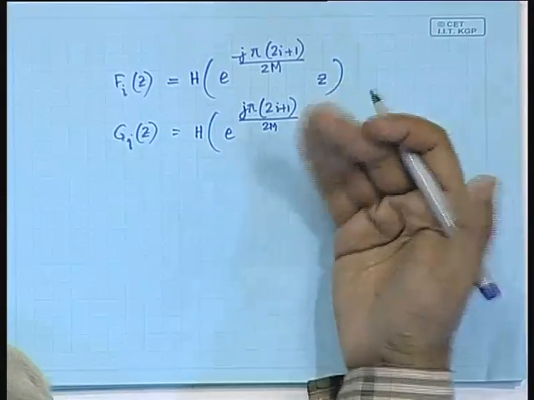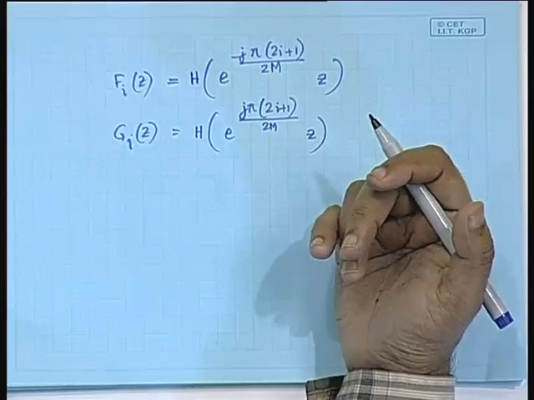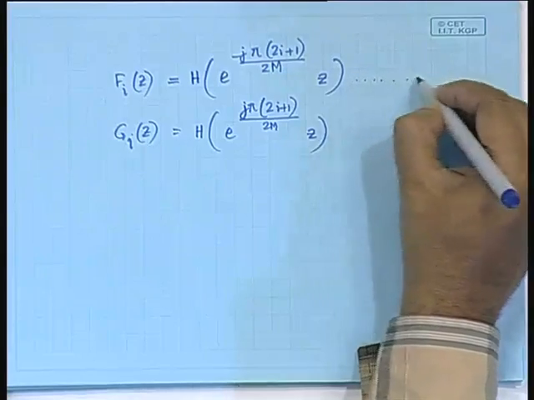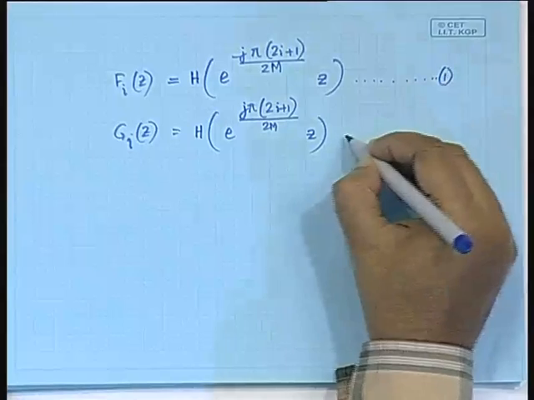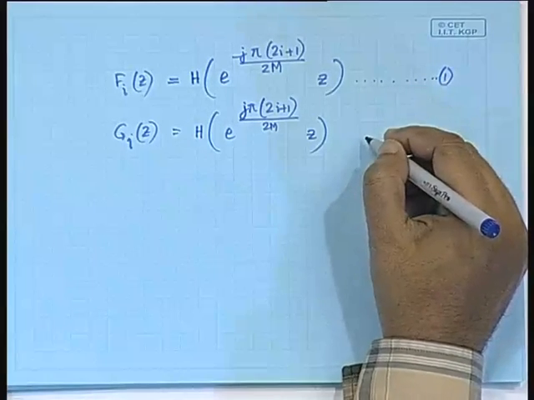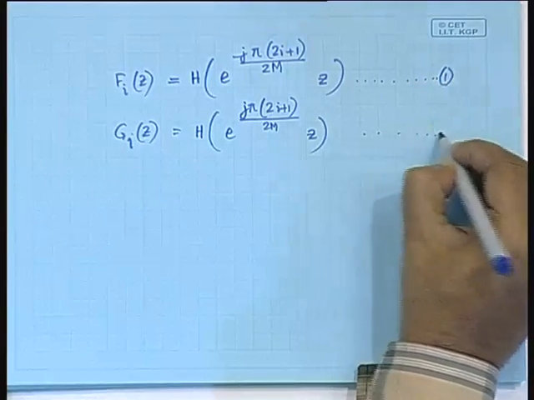Together, this Fi(z) and Gi(z) realize the real filter. So, we can number these equations. Let us say this is equation number 1 and this is equation number 2.